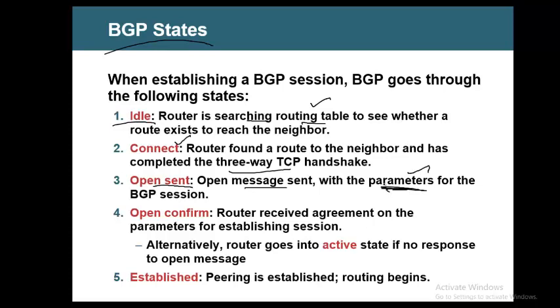If the neighbor receives the parameters and accepts them, then they go to established state. If something is missing, if something is not an acceptable parameter, then they go to active state, meaning it needs to restart from idle state, because something is missing. It will keep trying until you go and make some changes to the parameters.